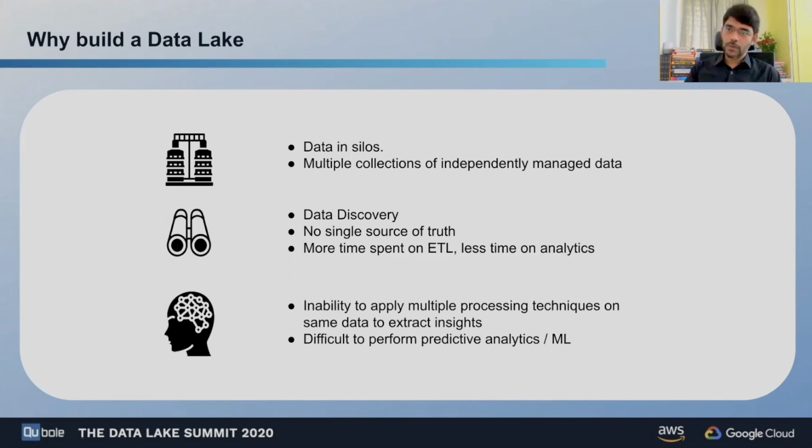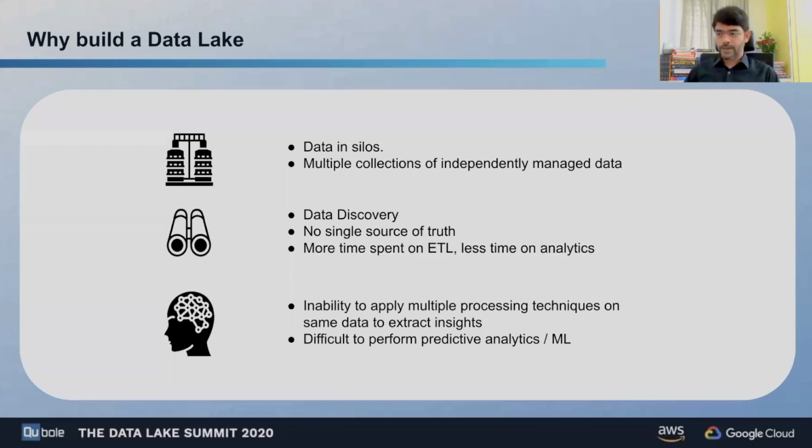There are also other data sources, non-relational, etc., right? So there are different collections of data which are being independently managed by different sets of people in a typical organization today. And that poses the challenge of data discoverability, right?